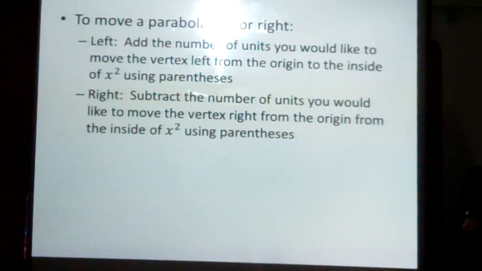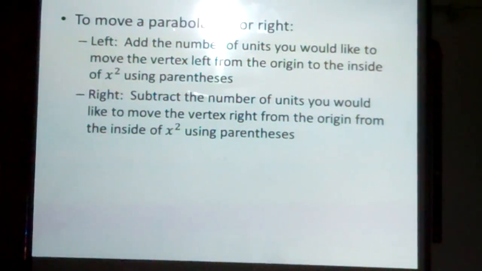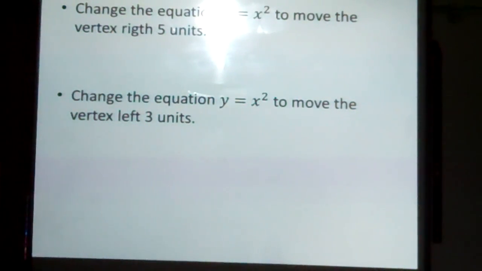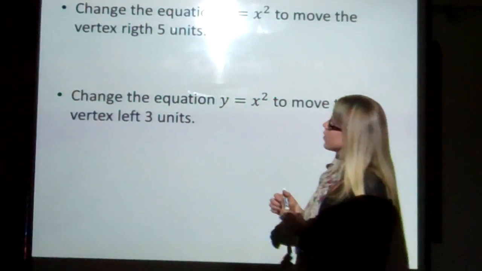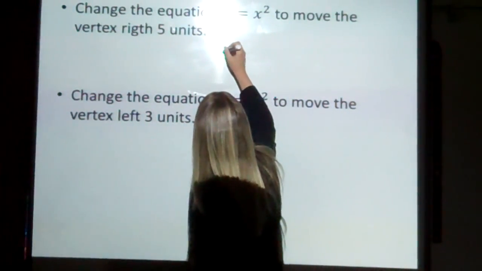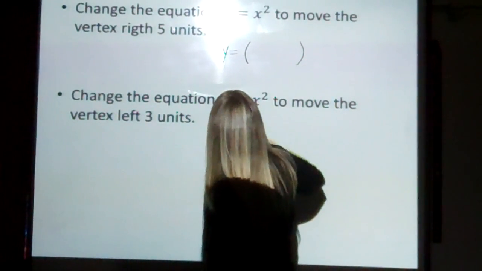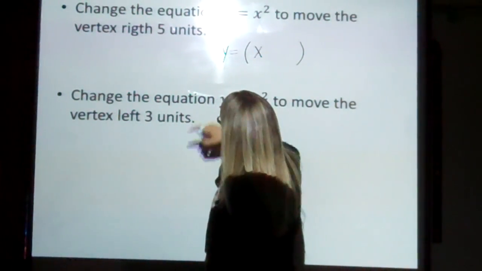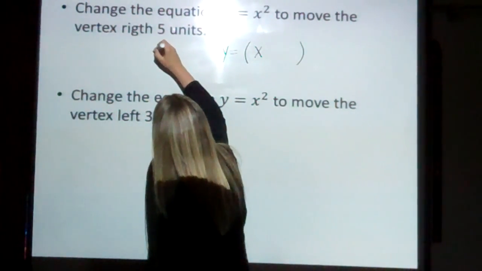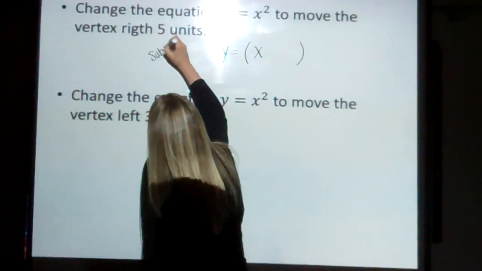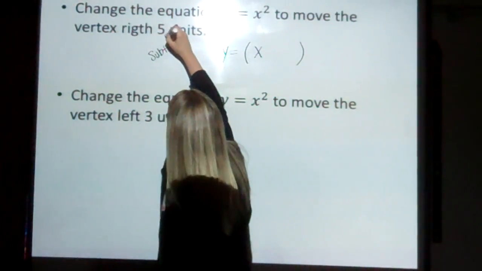Again, let's do an example of this so I can illustrate what I mean. If we would like to change this equation, y equals x squared, to move the vertex right 5 units, well, we're going to say y equals, and then we're going to use parentheses, and we're going to say x, and because we're going right, that implies that we're going to subtract the 5.